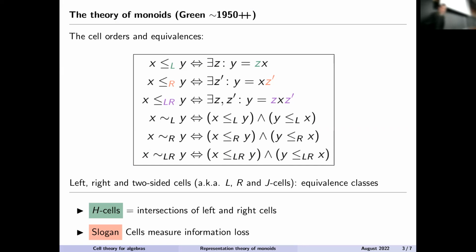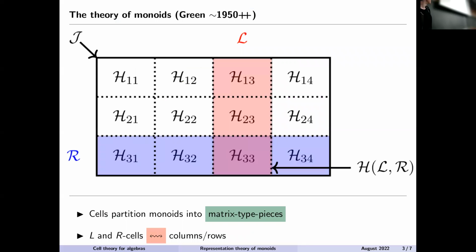Let's see whether I have messed up on the slides. No, I haven't. Lucky. So it's the same thing, right? So the cell partition: the monoid splits into matrix pieces, the J cells, and the left cells and right cells are the rows and columns, and the H cells are the matrix entries.